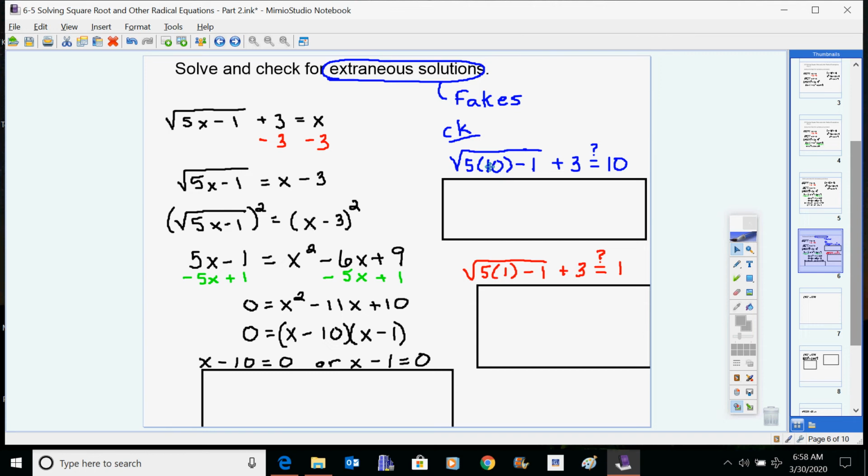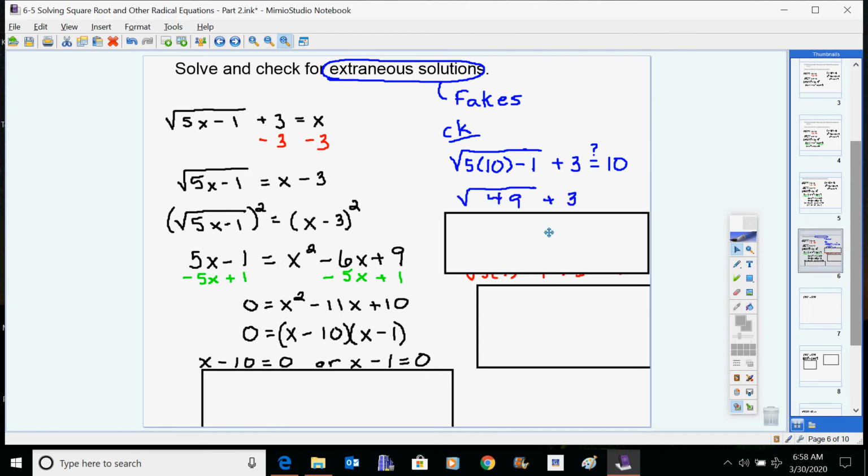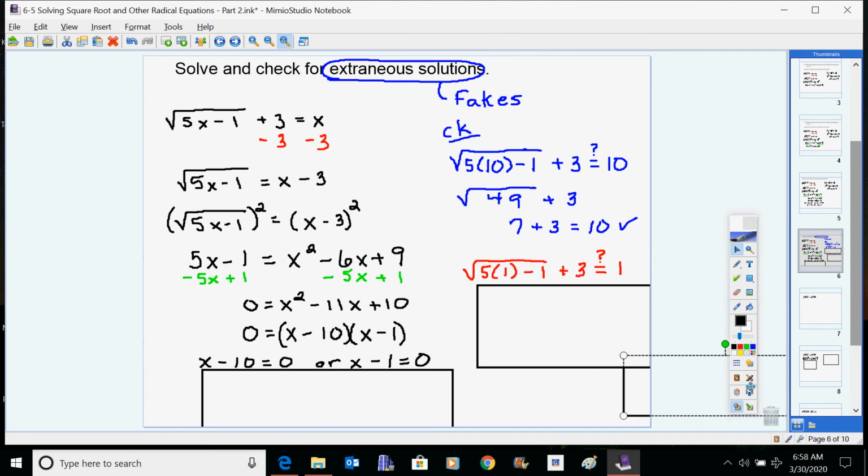So this one gives you 5 times 10, 50 minus 1, which is 49. So 7 plus 3 does in fact equal 10. So we know that this one actually worked. Now it is possible in any of these, when you solve them, you'll find out that you've got a couple of answers.